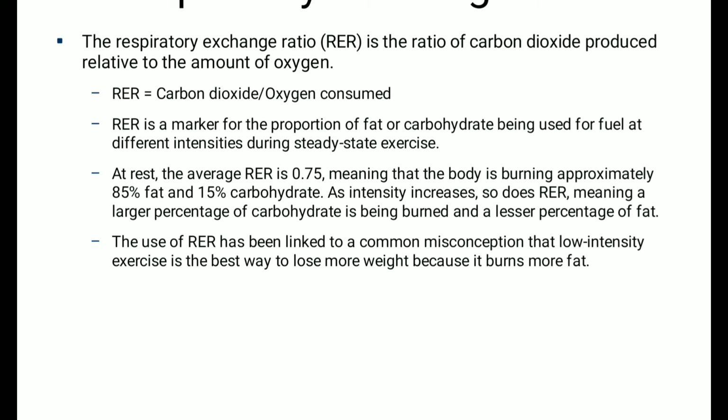At rest, this value is 0.75, meaning the body is burning approximately 85% fat and 15% carbohydrate. As the exercise intensity increases, this RER increases, so a larger amount of carbohydrate is being burnt and a lesser percentage of fat is being burnt.